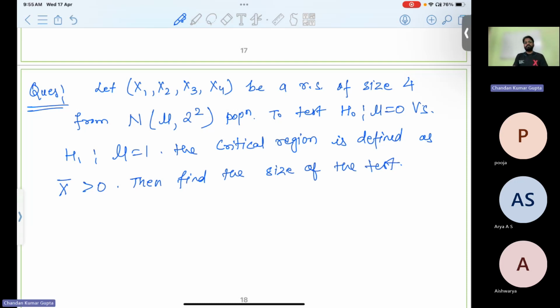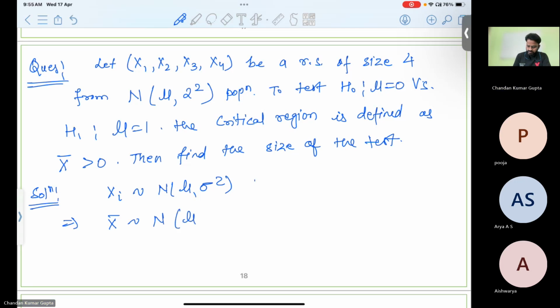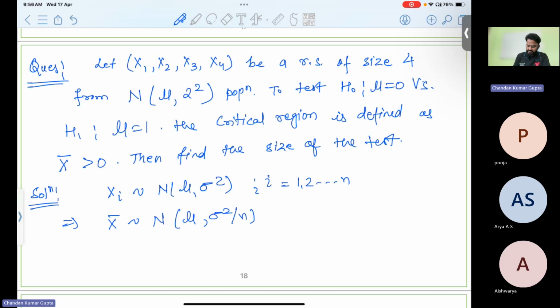So size of the test, that means alpha value. Okay. So again, we are given Xi follows normal mu, sigma square, then X bar follows normal mu, sigma square by n.